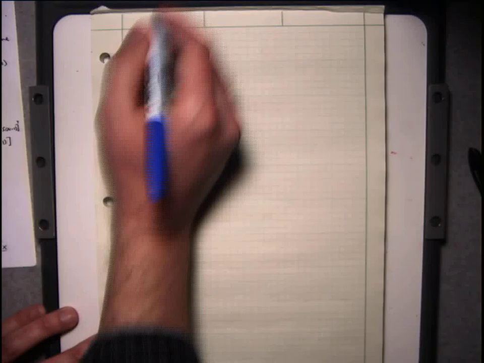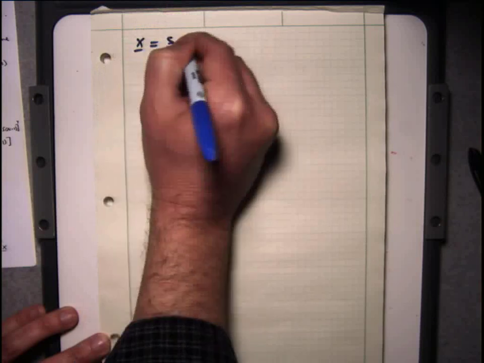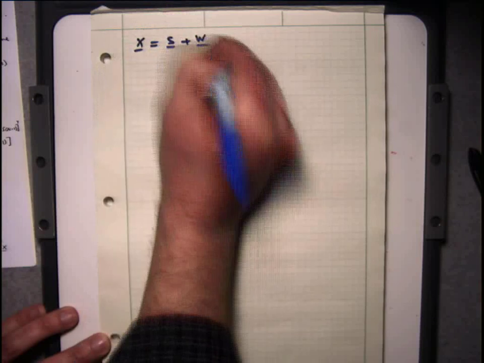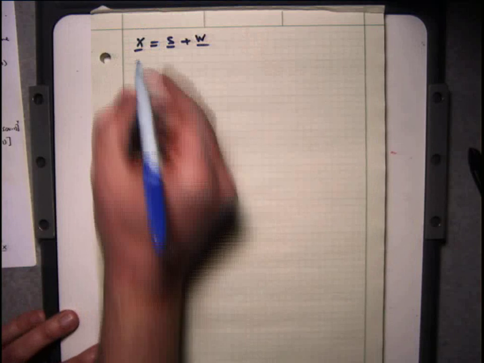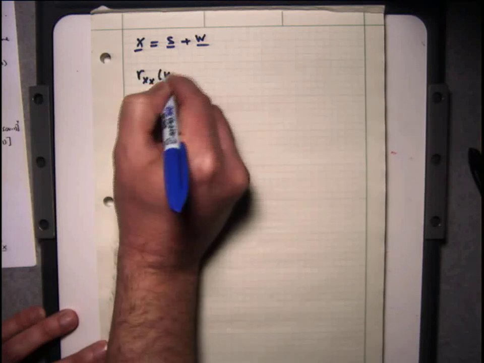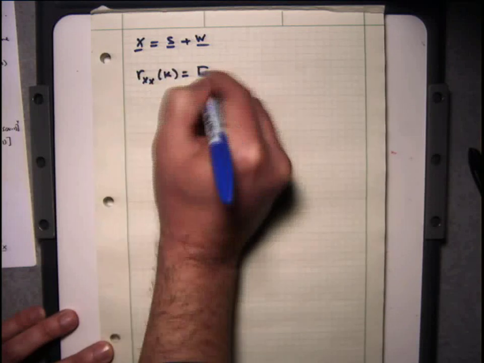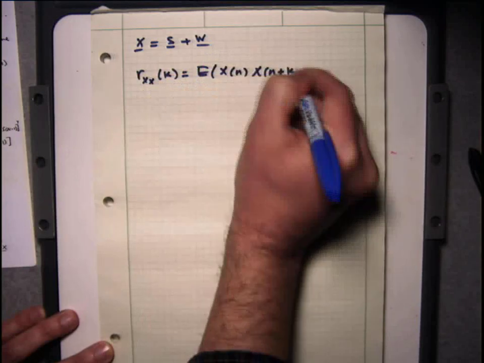All right, so now the smoothing problem. Remember the model was x equals s plus noise. Now if I wanted to write down the autocovariance function for x, Rxx of k, remember this is expected value of x of n times x of n plus k.